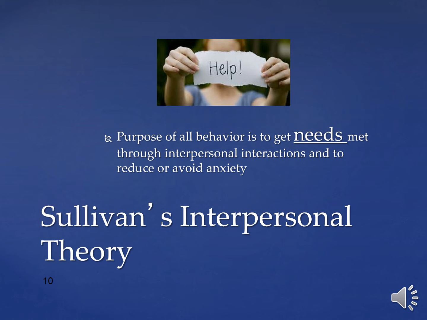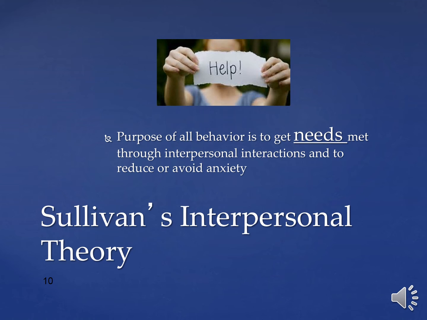Now, Sullivan did a lot of research that was based on the belief that psychiatric disorders are influenced by our relationships and by our social interactions. So the goal of this type of therapy is to improve interpersonal functioning and satisfaction with social relationships.